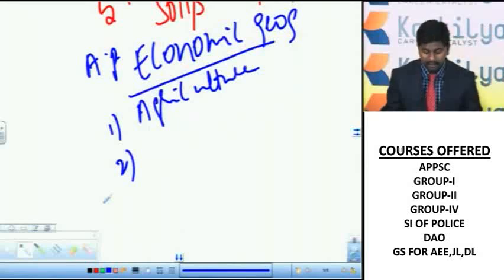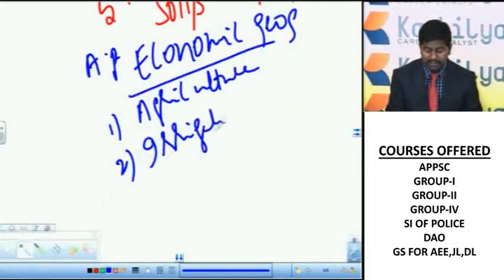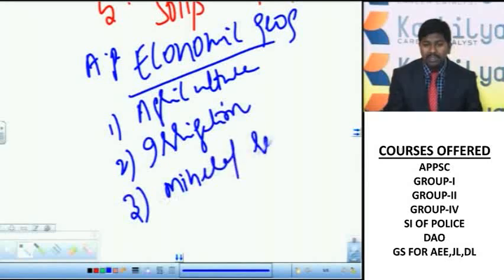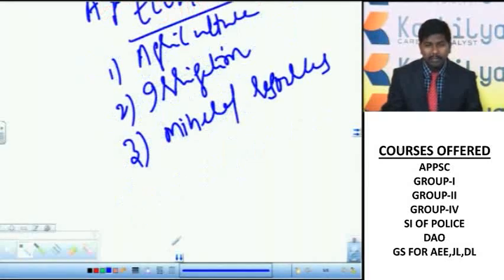Then we will discuss irrigation facilities and irrigation projects like medium, major and minor irrigation projects in Andhra Pradesh. Then the distribution of mineral resources in Andhra Pradesh, the important mineral resources and their distribution.